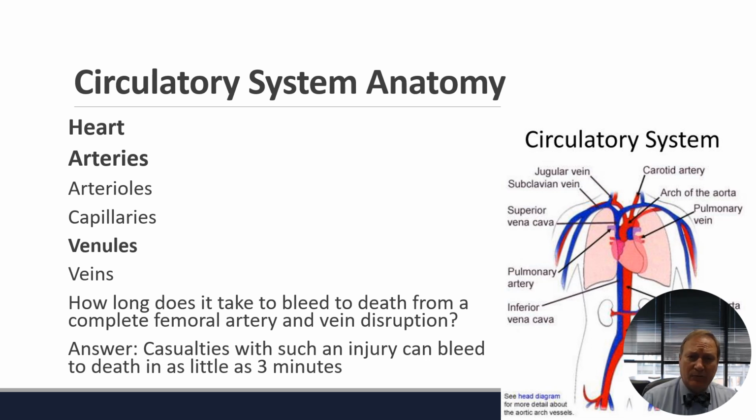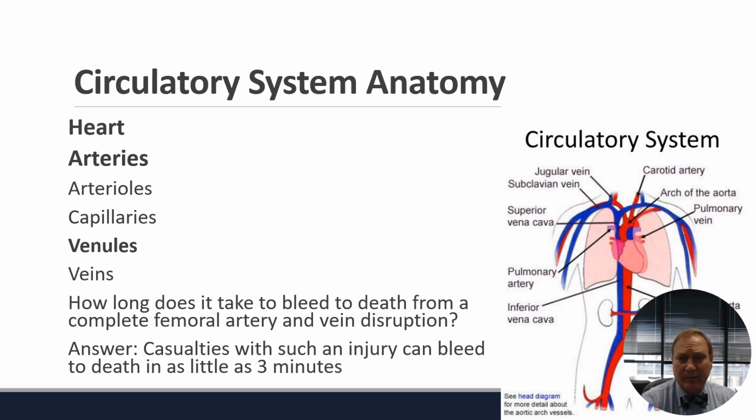If we interrupt a vein and it's bleeding, it's more likely to have a more purple color, and it's more likely to ooze and be a constant bleed as opposed to the bright red spurting bleeding that we see with an arterial bleed. Just understand that with an arterial bleed, somebody can die in as little as 3 minutes.